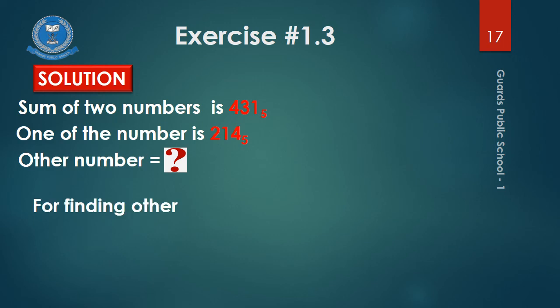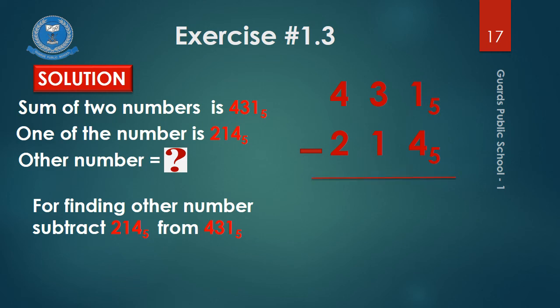For finding other number, subtract 214 with base 5 from 431 with base 5. Means write down 431 with base 5, then 214 with base 5, sign of subtraction and a line. Now subtract 4 from 1.